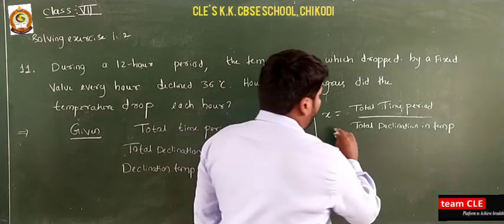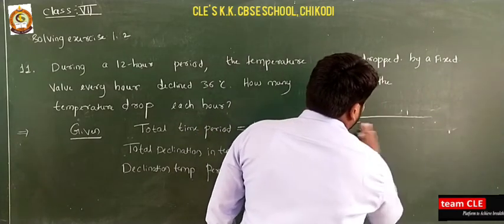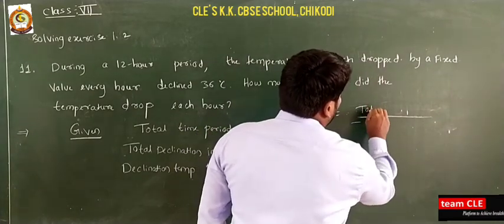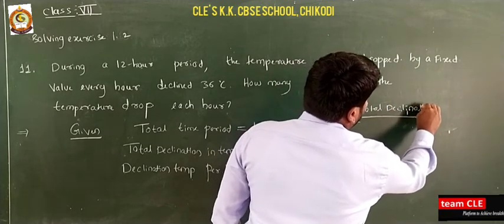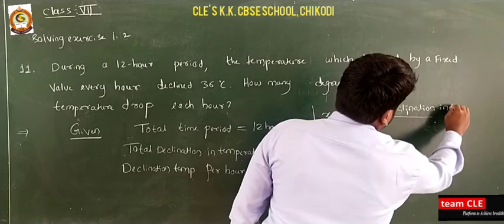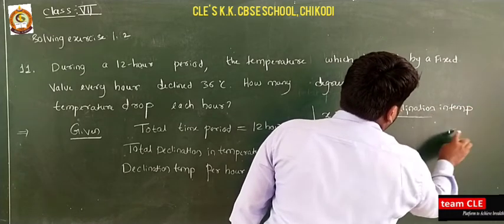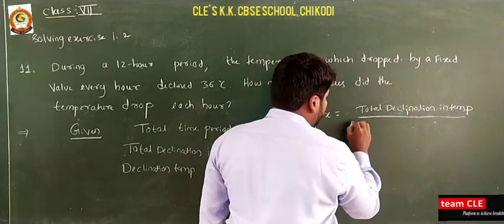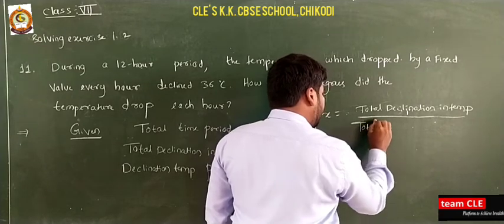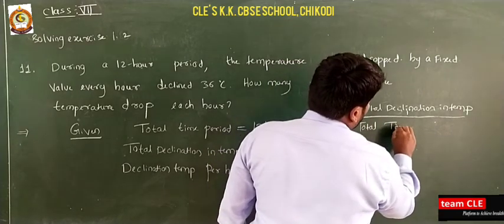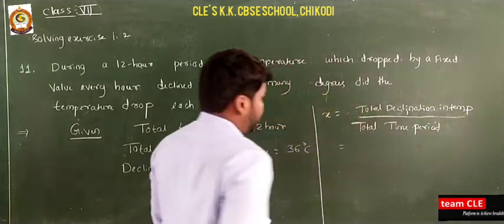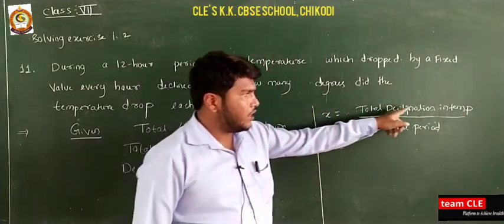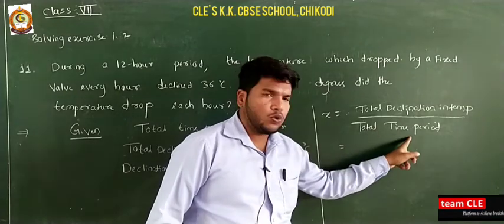Sorry, first you have to change this. Write this as total declination in temperature divided by total time period. So this formula you have to use: x is equal to total declination in temperature divided by total time period.